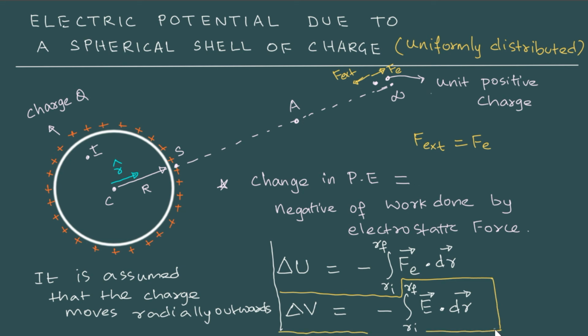And another thing here: at infinity, the potential energy of the system is considered zero, and the potential of the system is also considered zero. That's our reference configuration, our reference arrangement. So at infinity, the potential is zero. So the potential due to the shell of charge is zero.